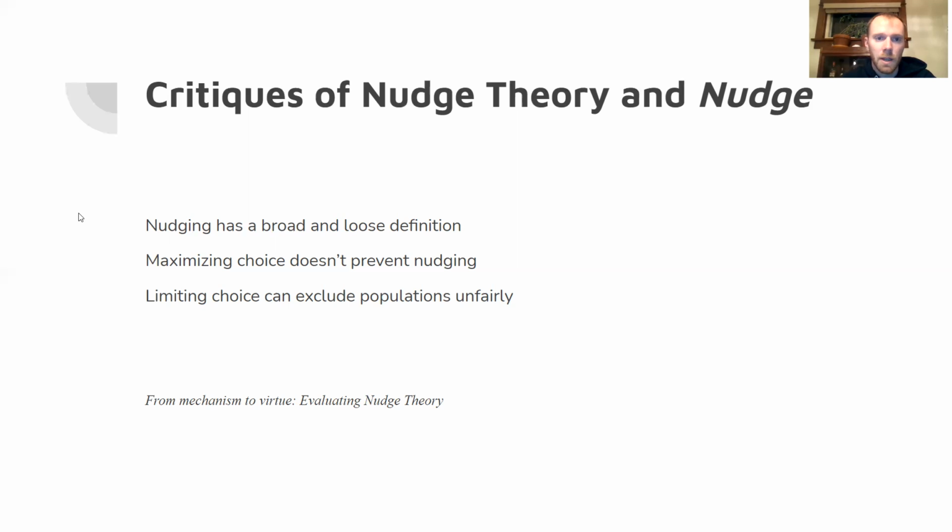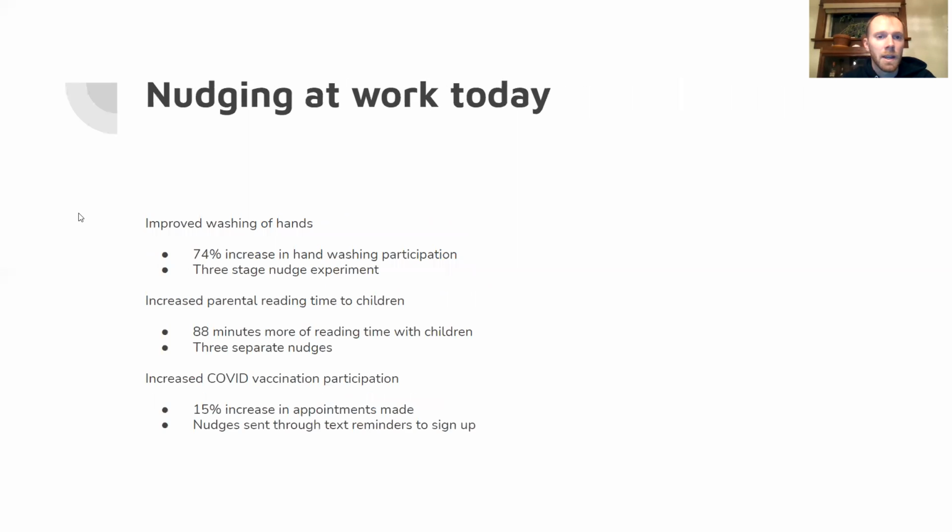So there are some critiques there of the book Nudge, where they promoted that sometimes limiting choice is the best option, and maximizing choice isn't recommended by Thaler and Sunstein. I thought that was interesting, to understand the balance of what people are saying on the other side of nudge theory.